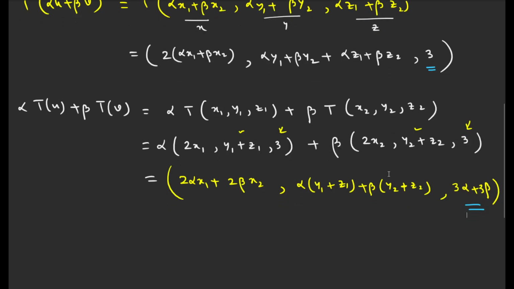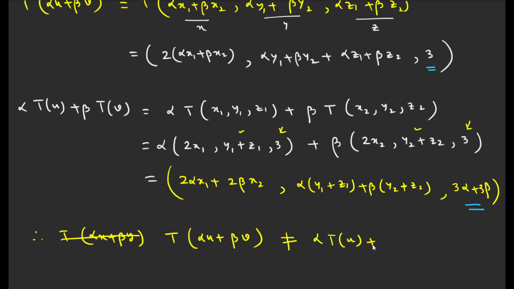Therefore, T of alpha u plus beta v is not equal to alpha into T of u plus beta into T of v. So therefore, T is not a linear transformation.